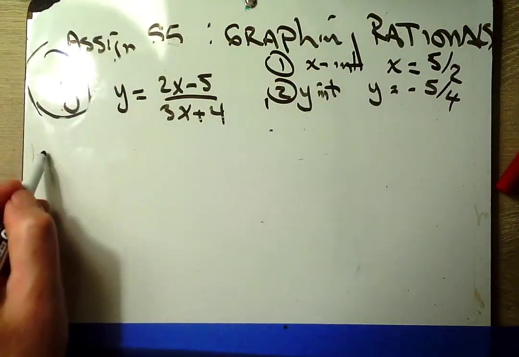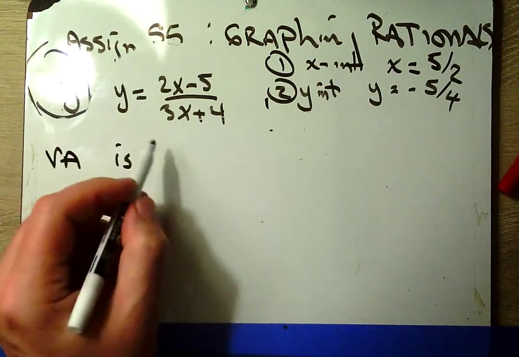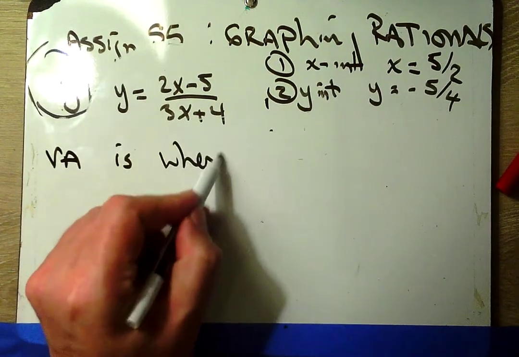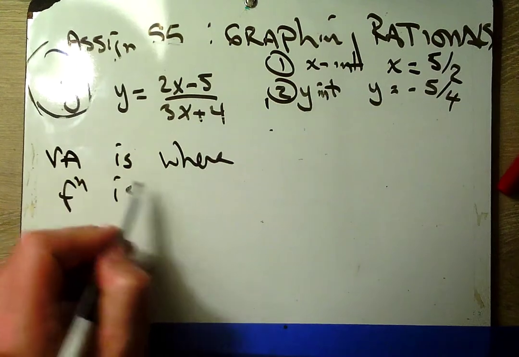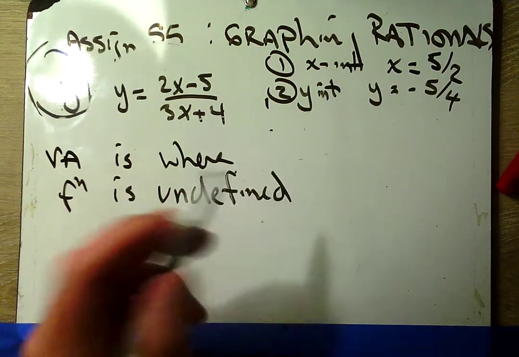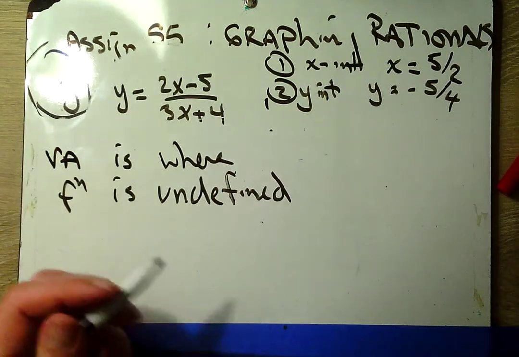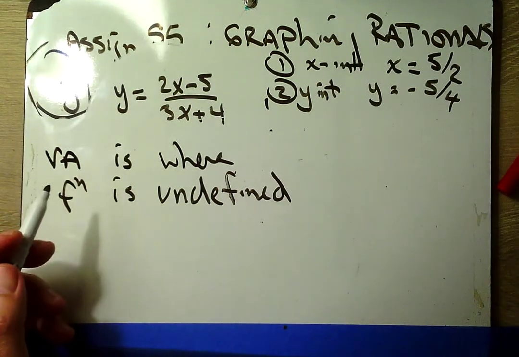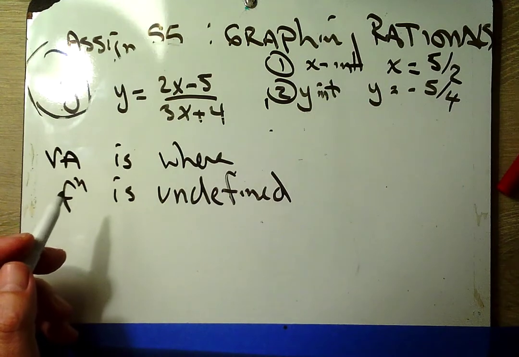So a vertical asymptote is where the function is undefined, at least in the realm of rational functions. We'll have a more robust definition in calculus than this.